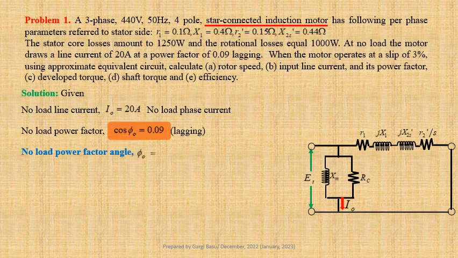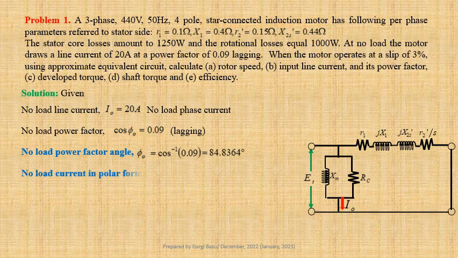Phi 0 equals cos inverse 0.09, that is equal to 84.8364 degree. No load current may be written in polar form as I0 equals I0 at an angle minus phi 0, that is equal to 20 ampere at an angle minus 84.8364 degree. This may be written in Cartesian form as 1.8 minus j times 19.91884 ampere.